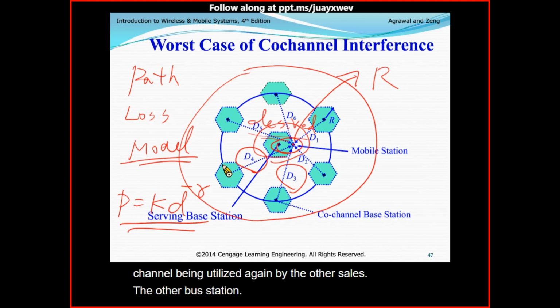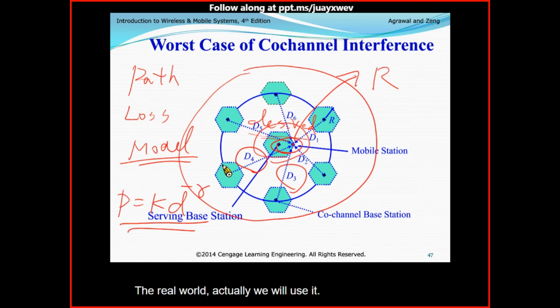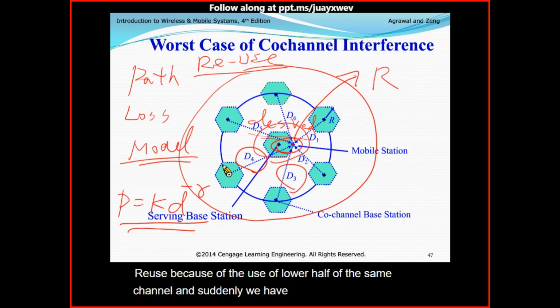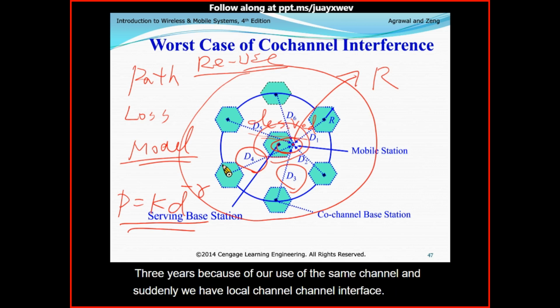In the real world we actually reuse. Because of reuse, we will have the same channel, and so they will have cochannel interference.